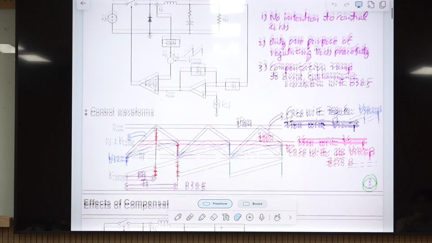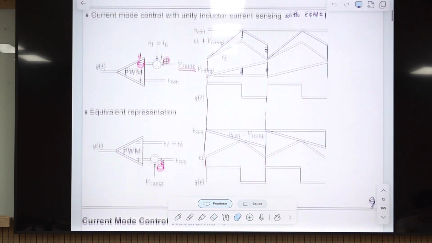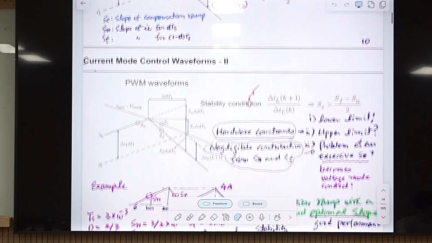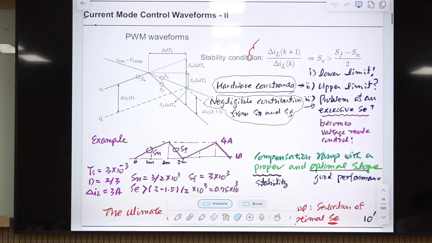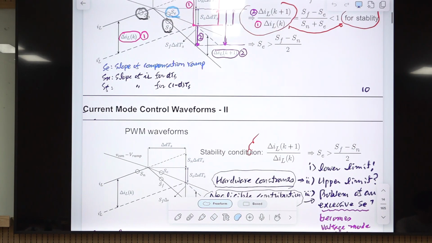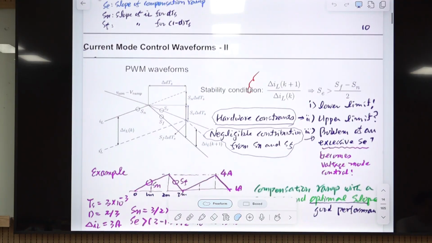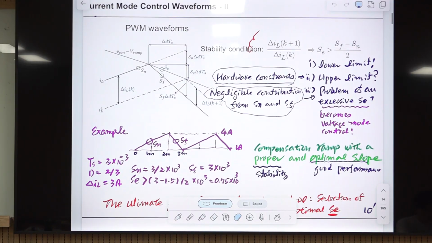I have one additional comment here. This is page 10 prime. I have page 10, and I need another page here, so it is 10 prime.